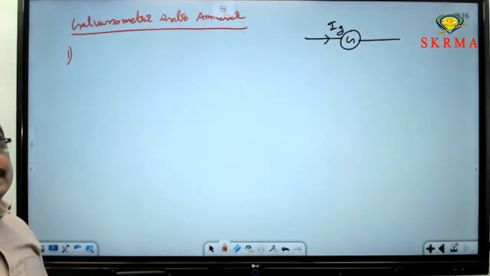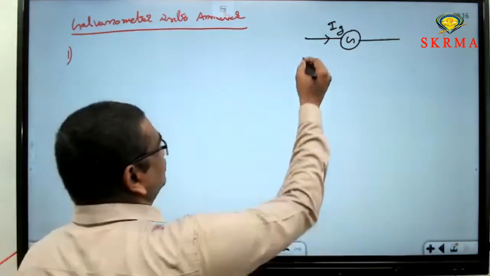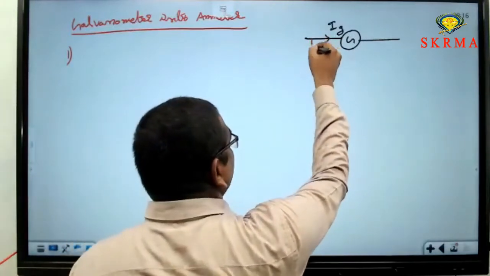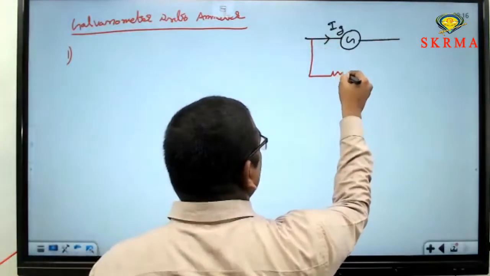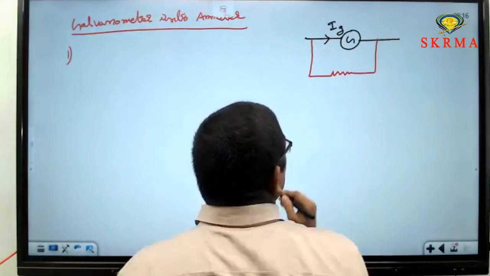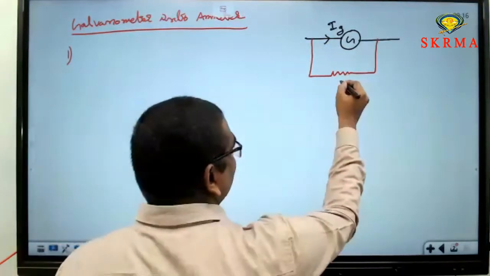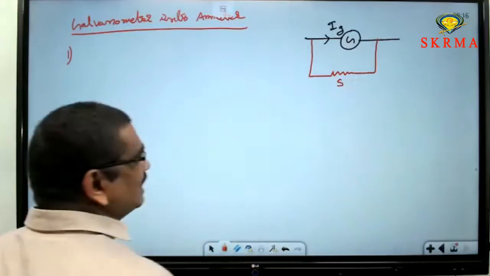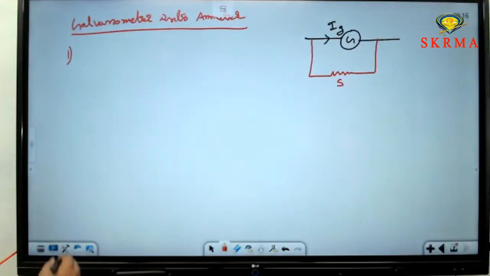Which resistance do we need to connect? We need to connect one resistor in parallel to this, which is called a shunt resistor.